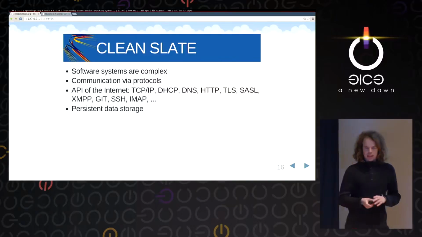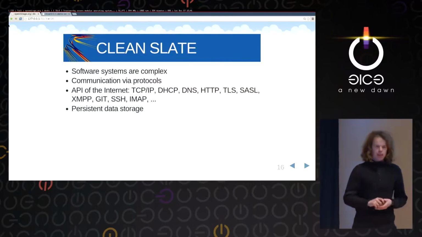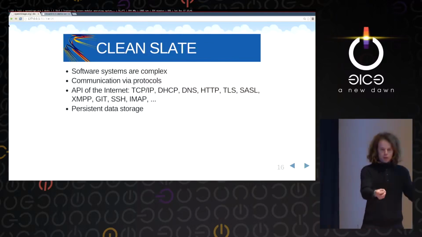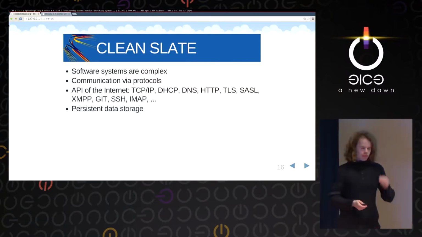So the API which we actually need to implement for a clean slate approach is the API of the internet, which might be TCP/IP, DHCP, DNS, HTTP, whatever. Some security, maybe TLS, SSL for authentication, then maybe some Git, some SSH, some IMAP to communicate with the other peers, with the rest of the world.